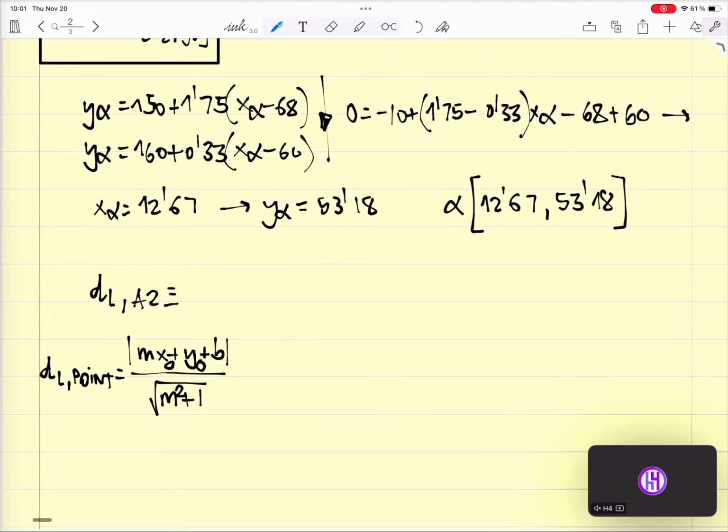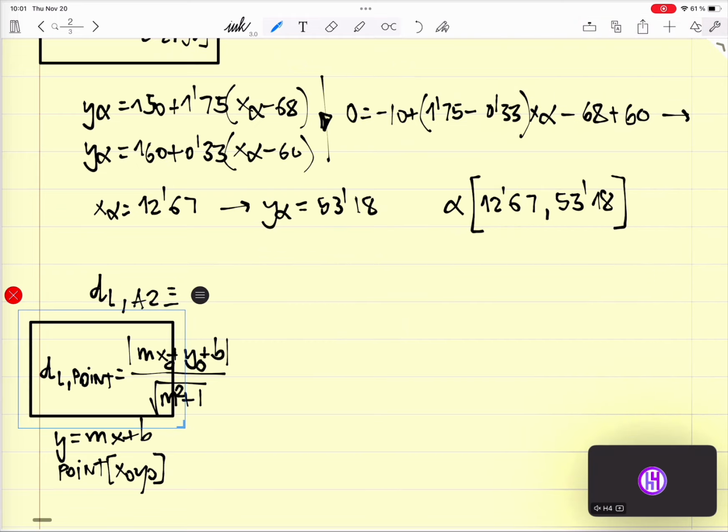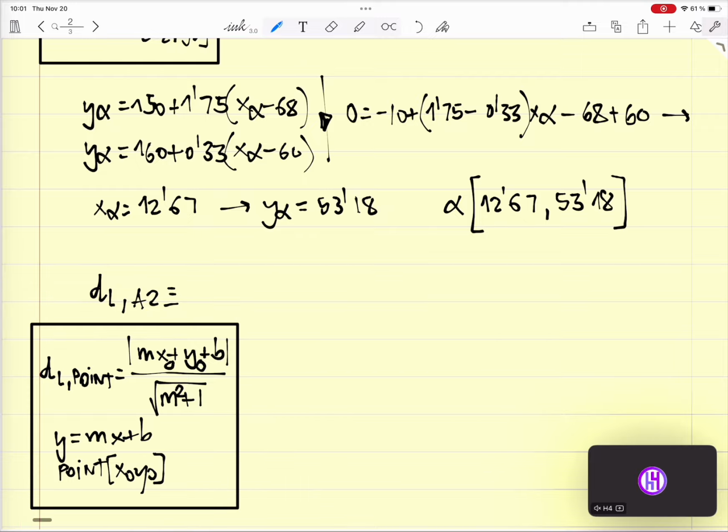So if the equation of the line is this and the point is x0 is 0, that's the distance between one line and one point. So this is m times, we put the coordinates of A2, 60 plus 160 plus b divided by square root of m square plus 1.